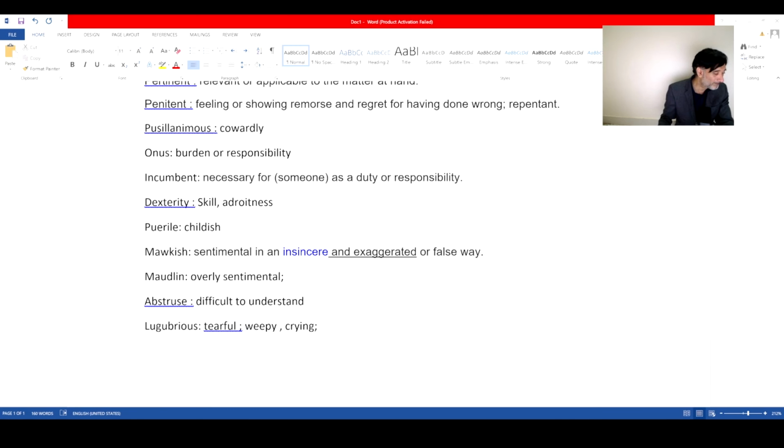Remember the spelling. So the graveyard was a lugubrious spectacle, like people were crying, sad. So remember this word.